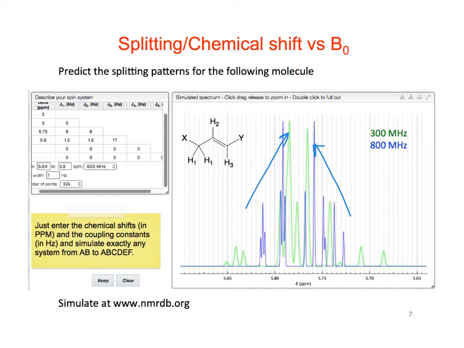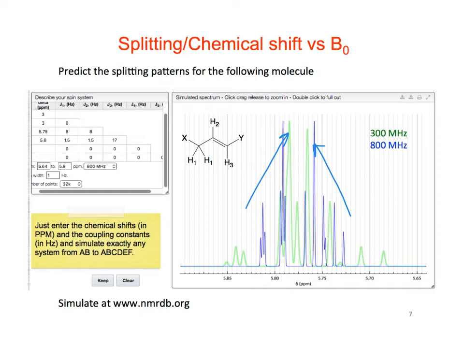Why does it have such a bigger range of chemical shift? I think it's because the J is different, right? You mean, because the scale, you mean, or, yeah, I think, because it's divided by the magnetic field strength, the frequency?